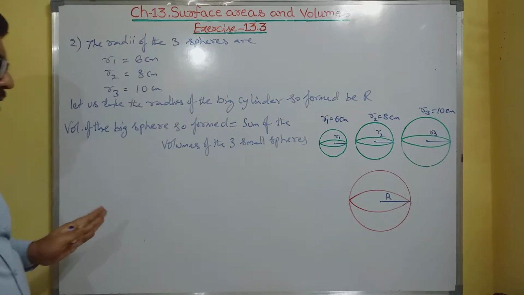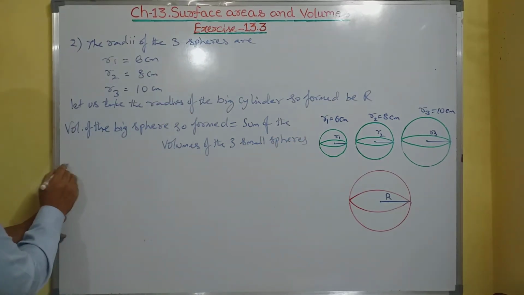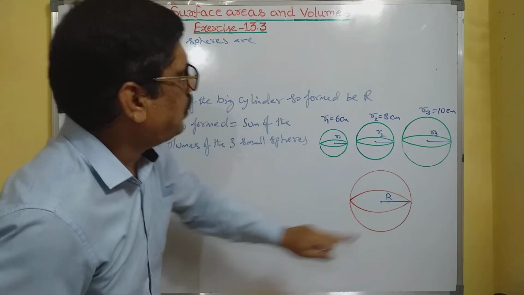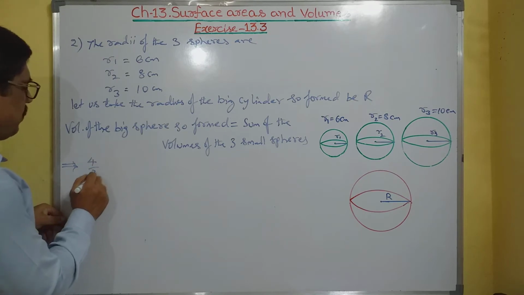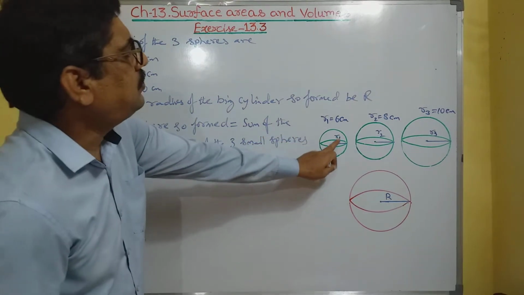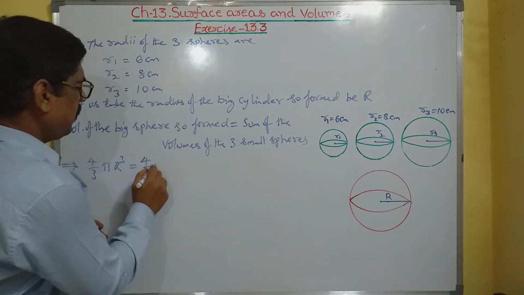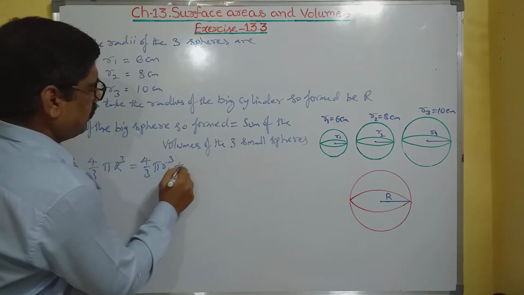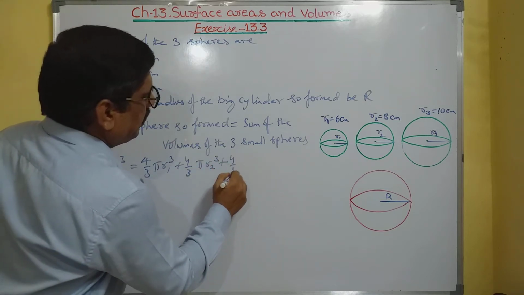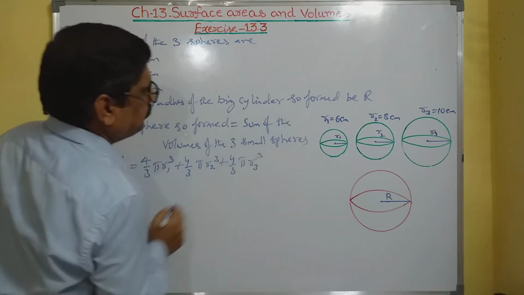Did you understand? Now, what is the volume of the big sphere? We have taken the radius as capital R, so 4 by 3 pi capital R cube, and this is 4 by 3 pi R1 cube plus 4 by 3 pi R2 cube plus 4 by 3 pi R3 cube.